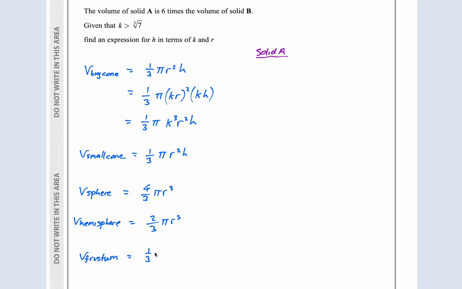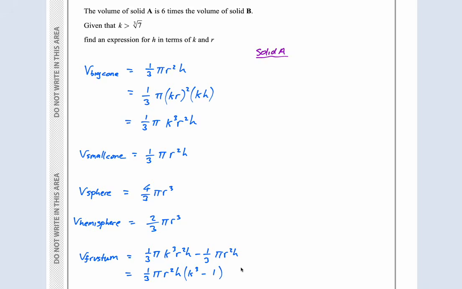1/3 pi k cubed r squared h minus 1/3 pi r squared h. Now I can take out the third pi r squared h, and I'm left with k cubed minus 1.